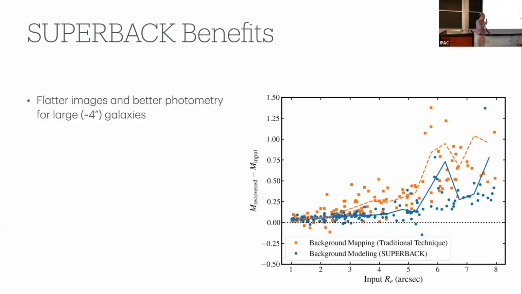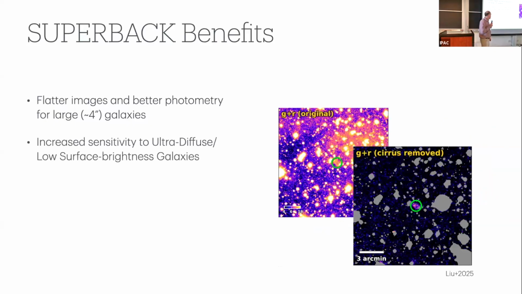And so just to illustrate some of the specific scientific benefits that we could have from this modeling, first of all, if you're interested in large or diffuse galaxies, you're able to get much more accurate photometry if you're able to have a better background model on large scales, and so you can have improved photometry. You can also be more sensitive to large, low surface brightness and ultra-diffuse galaxies.